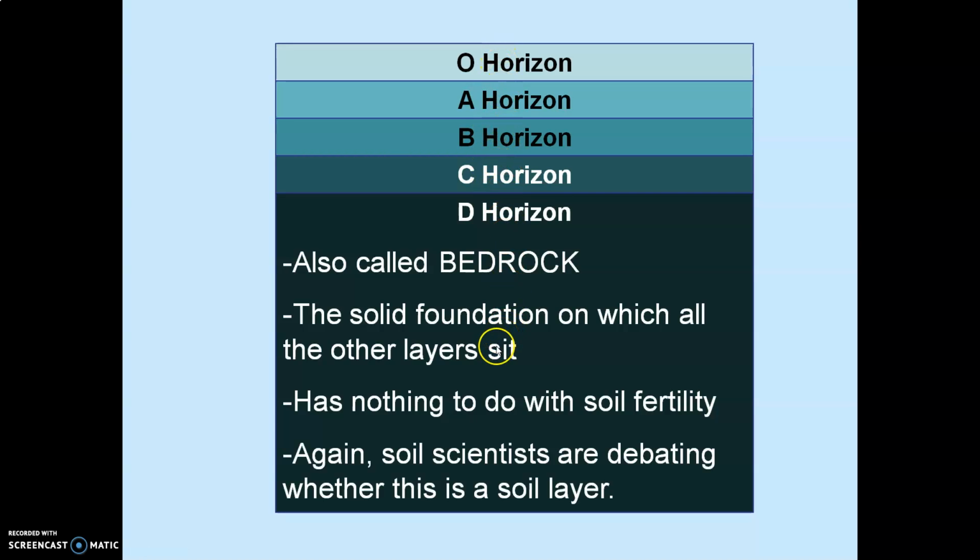But again, because it doesn't really have anything to do with the soil itself, it's just the foundation for it, there is some debate among soil scientists as to whether or not it is actually a soil layer. And I can understand this part of the debate, because this would be like saying, yeah, your plate is part of your dinner. Well, is it or isn't it?